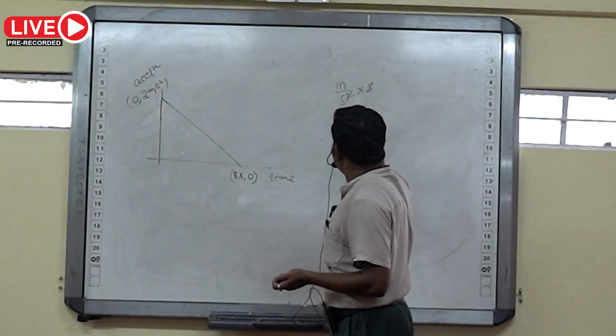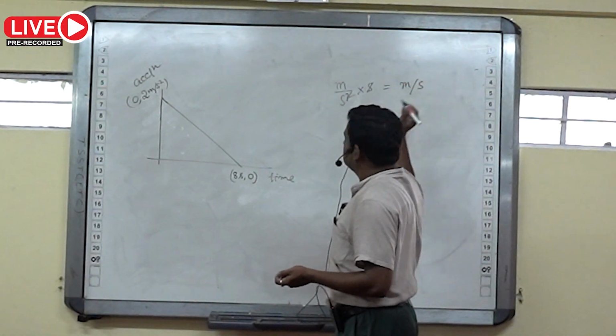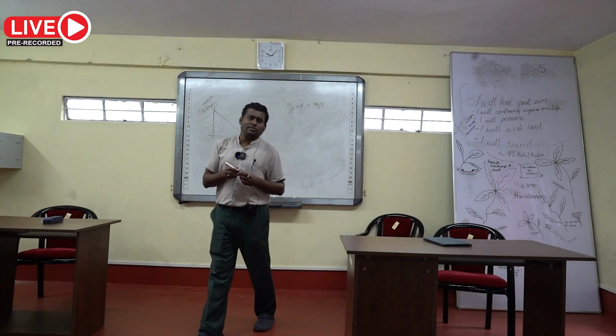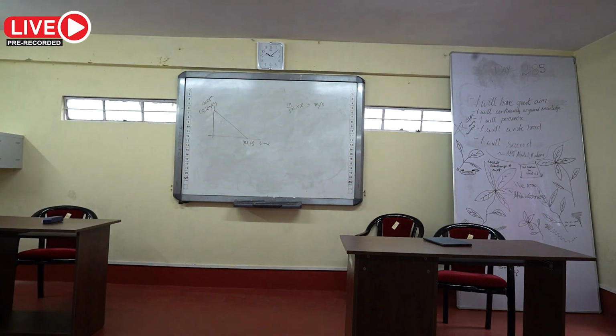So one will cancel and it will be meter per second. So that is the unit of velocity. So area under acceleration time graph will represent velocity. Similarly, in the velocity time graph, one axis will be meter per second, another axis will be second. Multiplying, second will cancel, you will get only meter. So that will represent displacement.